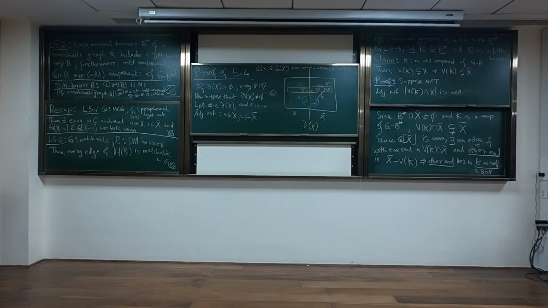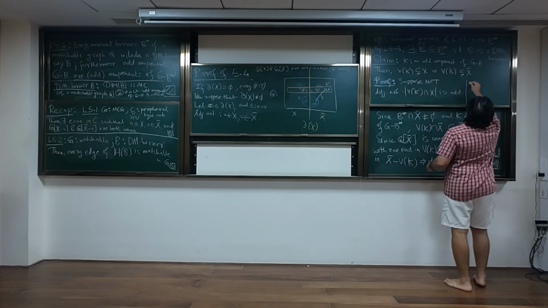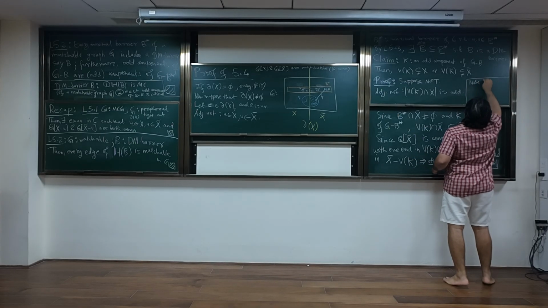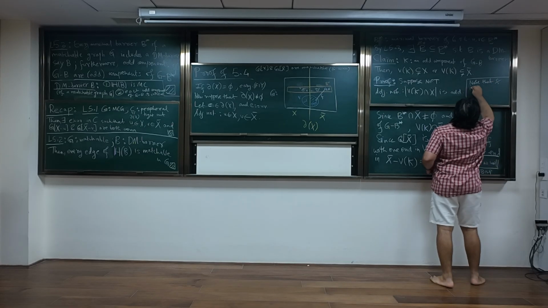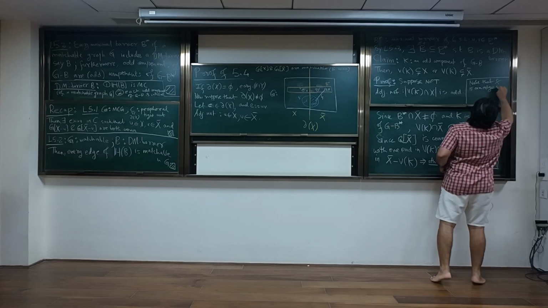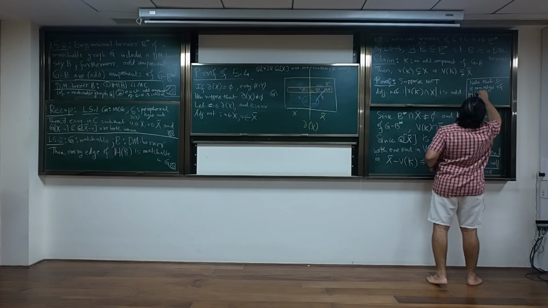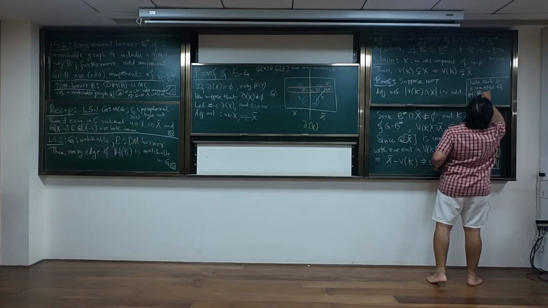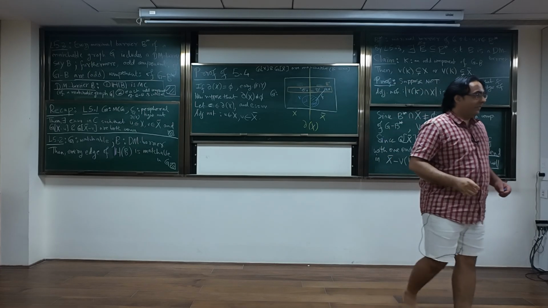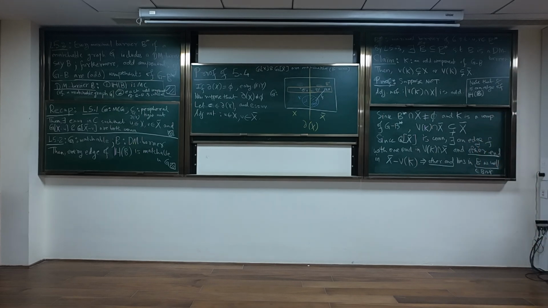Therefore, this is an edge of the core with respect to B. This edge F is also an edge of the core with respect to the barrier B. Note that F is an edge of the core with respect to B. And if you have an edge of the core with respect to a Dulmage-Mendelsohn barrier, then what can you say about this edge?